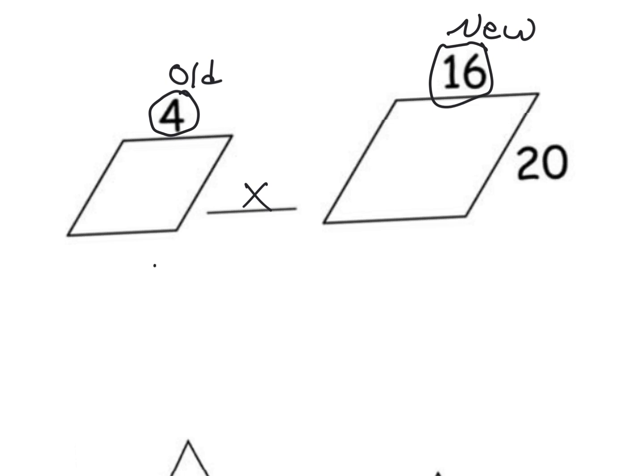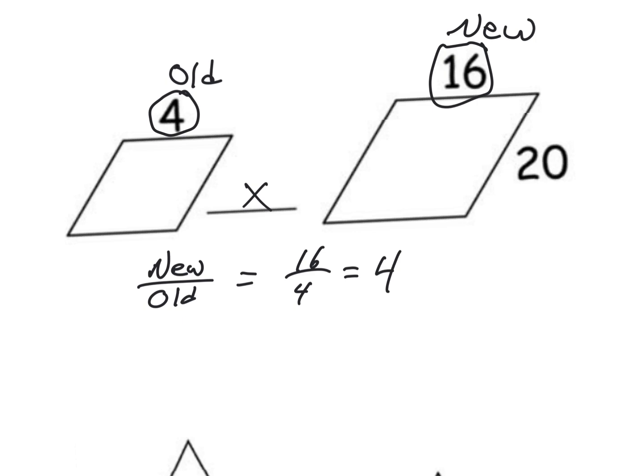So if I place new over old, that equals 16 over 4, and it's pretty clear that 4 goes into 16 4 times. So whatever this value for x is, I need to take that and multiply it by 4 to get 20.